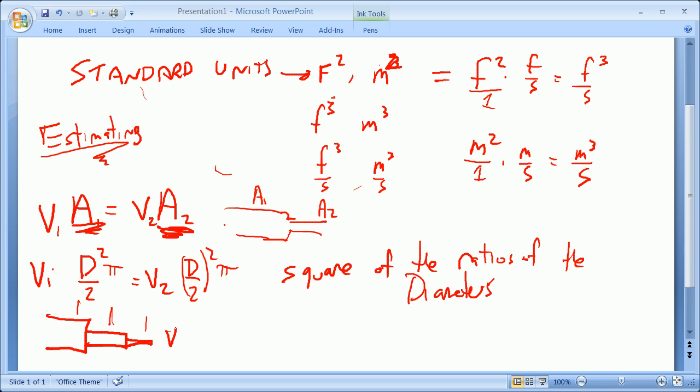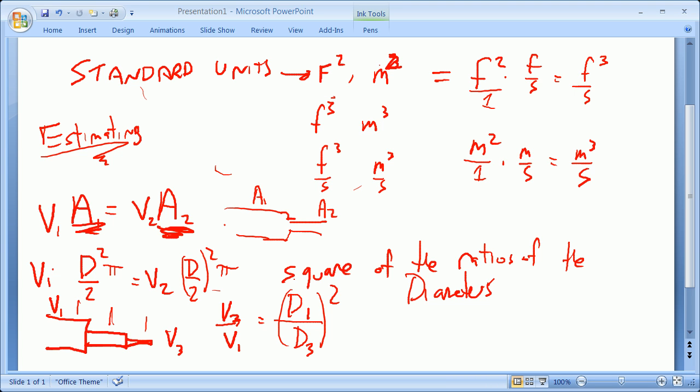So if you know this is V3 and this is V1, V3 to V1 is going to be, V3 is going to be more, so the large diameter is going to be here, D1 to D3, and then this will be squared. So that ratio is going to be true.